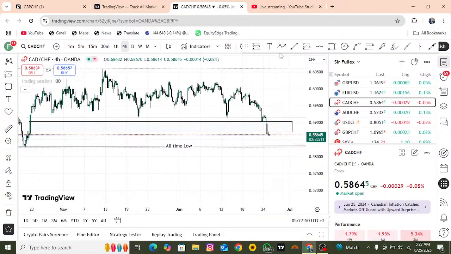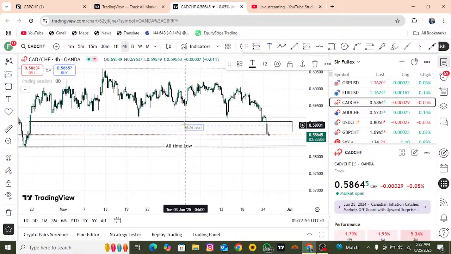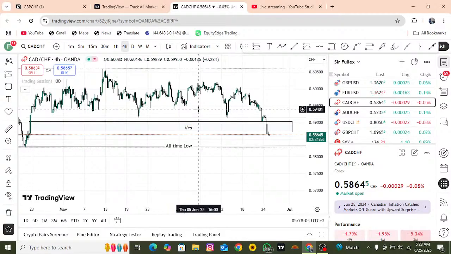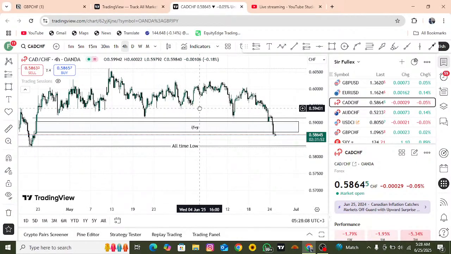Well, in this case, this acts as an inverse fair value gap, because price has already closed below it.